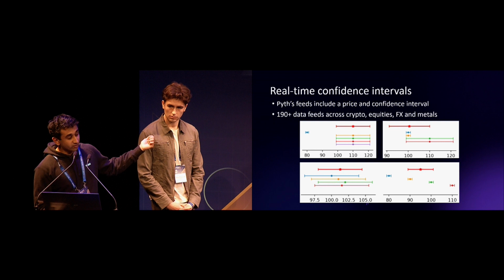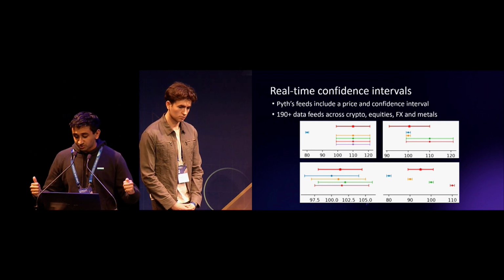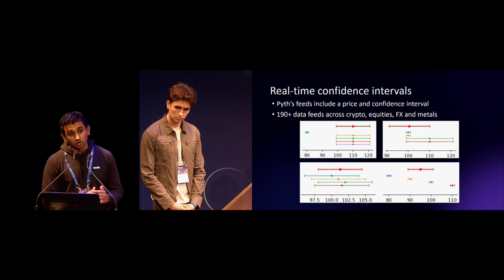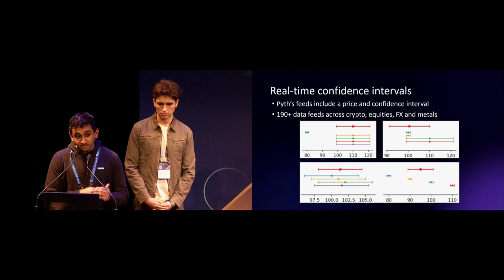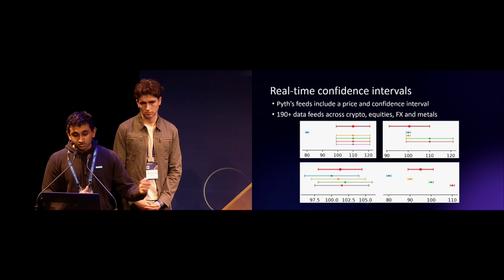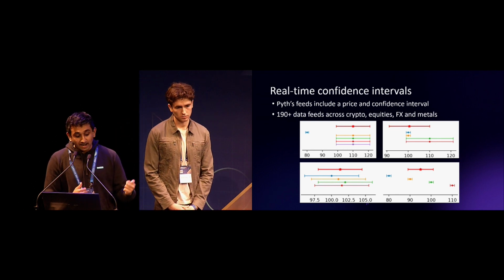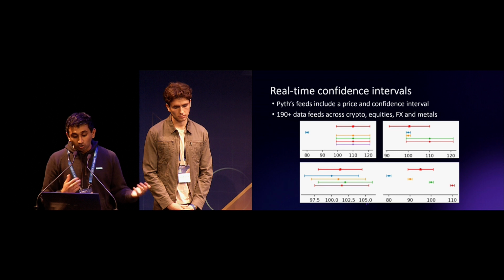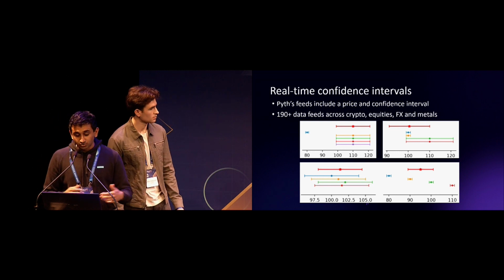And finally, on the graph on the bottom, we see that the aggregate confidence interval reflects the variation between publishers' prices. Since our MDPs are all around the world, we recognize that pricing is different around the world, which means that prices can often be dislocated. So the confidence interval that Pyth provides varies based on how confident our publishers are and is ultimately robust to manipulation. I'll turn it over to Alex to show how this actually looks and discuss the pull model.